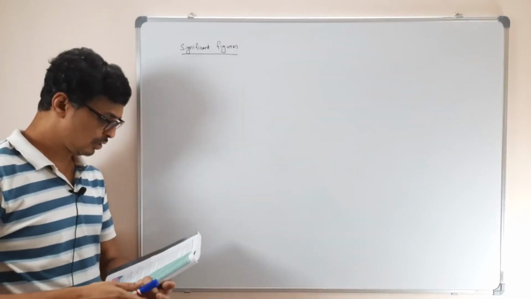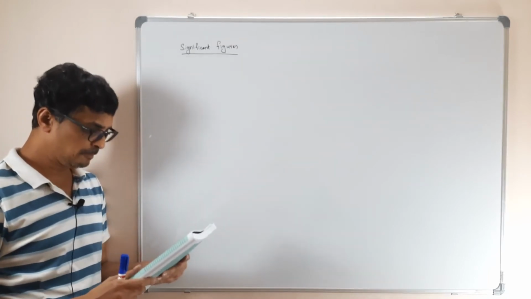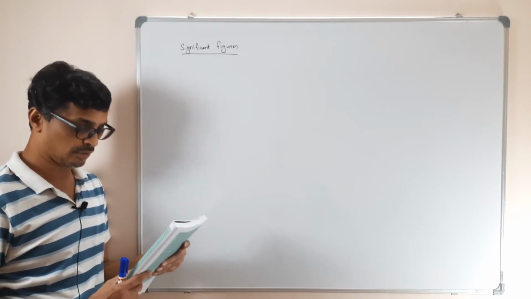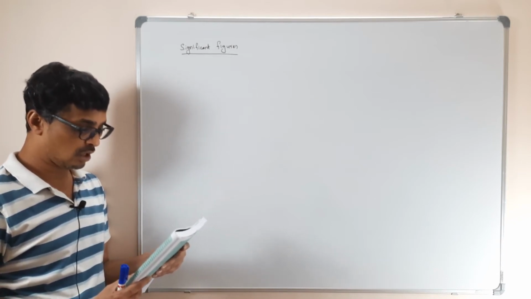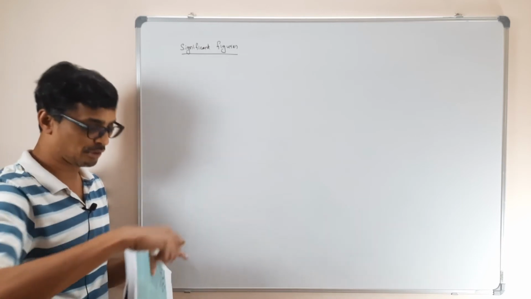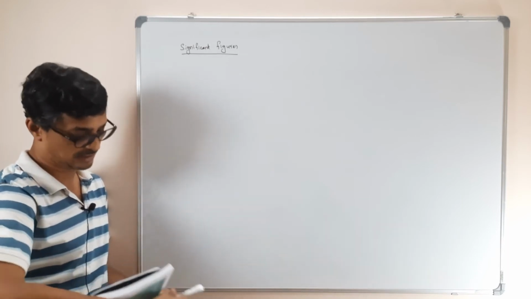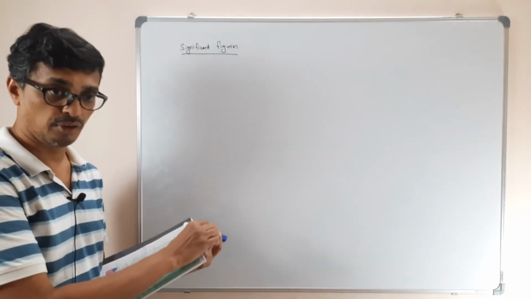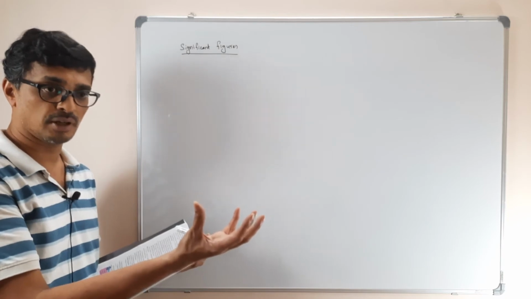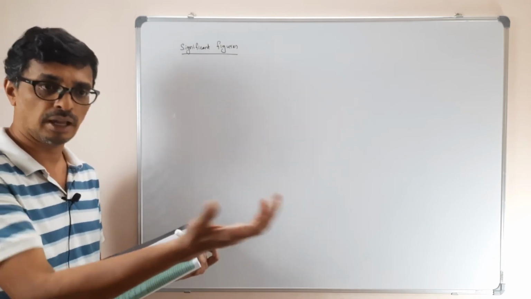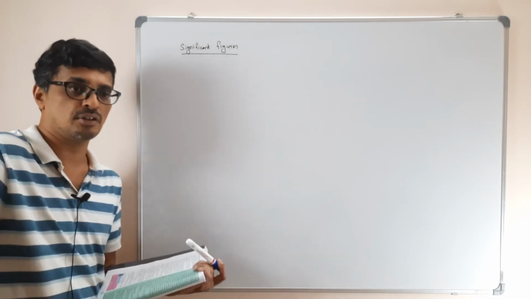Okay, so there are rules for determining the significant figures. The first one is that all the non-zero digits are significant. That's obvious when you write it. For example, say I want to measure the volume of some liquid, and I ask you to measure it and pass it on to everyone.